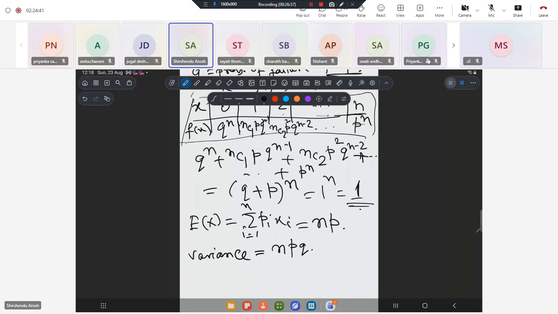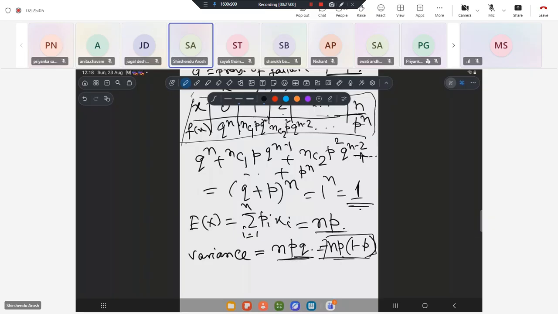Of course, the standard deviation would be the square root of this. So if I know the parameters n and p, I can find the mean and the variance for this particular case.